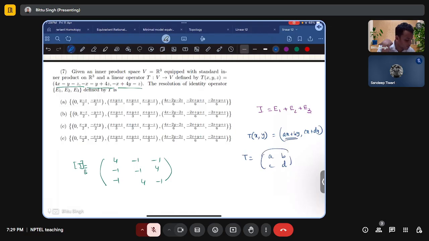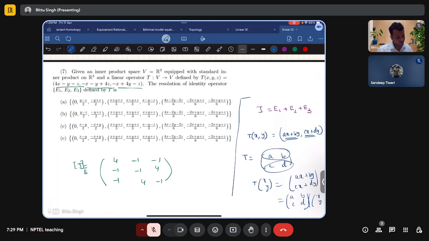I am writing the first thing here and the second thing here for the standard basis. Why is this true? Because you can just change from row to column. So T times (x,y) is the same as (ax plus by, cx plus dy), which is the same as [a b; c d] times (x,y). Is it okay? So this is always true.